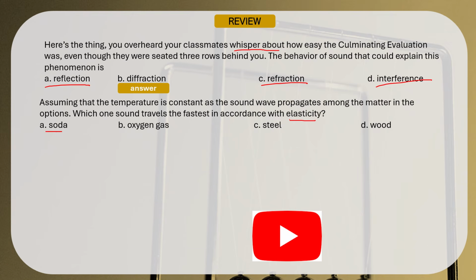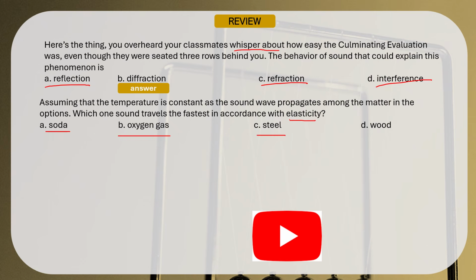Soda is a liquid, and for elasticity in liquid, since atoms are spread a little bit, they will not easily go back to their original position. Oxygen gas, the atoms are very far from each other, so the atoms cannot easily go back to their original positions.